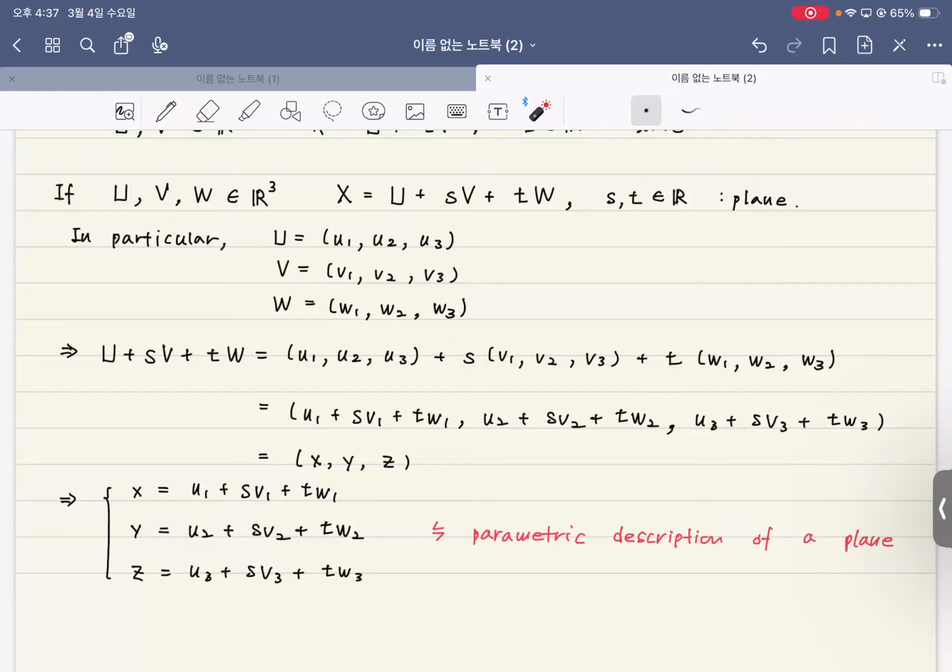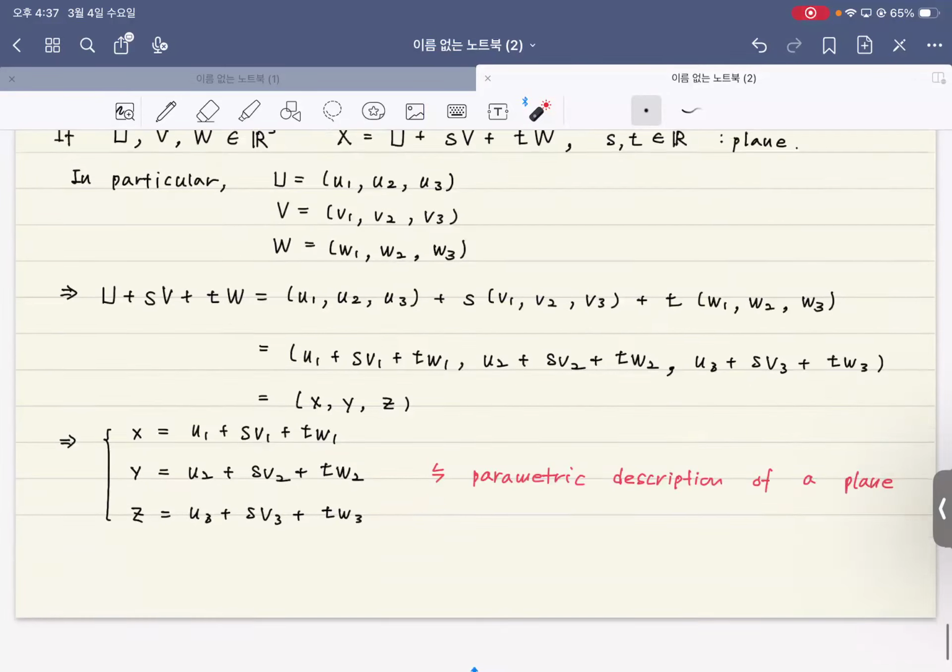Whenever S and T are fixed, it gives us some X, Y, and Z coordinate, and all such points will be members of the plane that we are talking about.